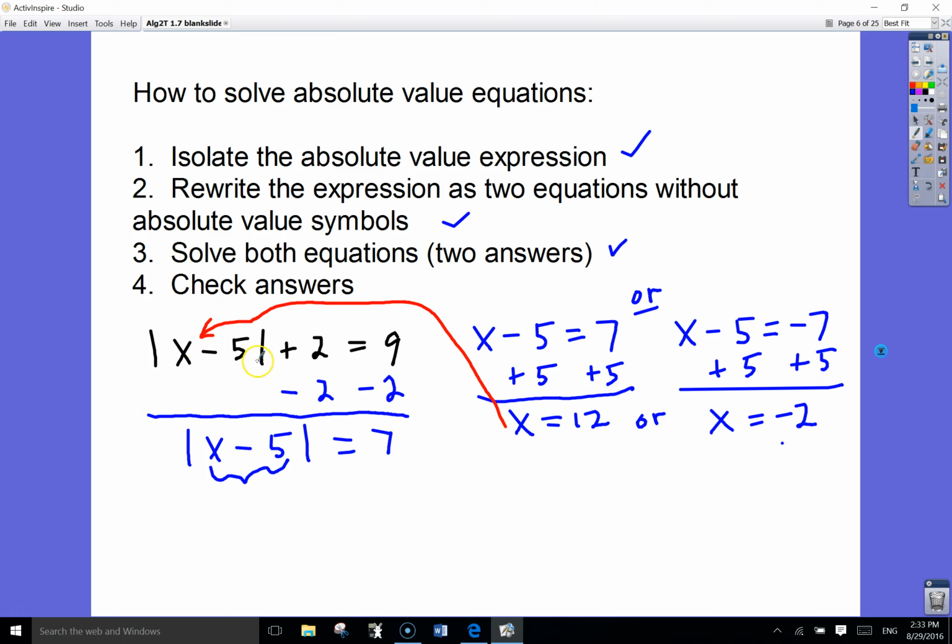The absolute value of 7 is 7. 7 plus 2 is 9. Check. Negative 2. Negative 2 minus 5 is negative 7. Absolute value of negative 7 is 7. 7 plus 2 is 9. Check.